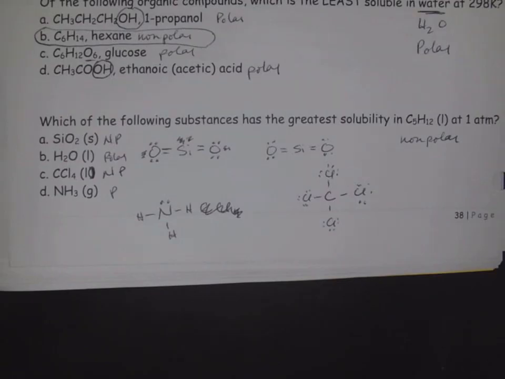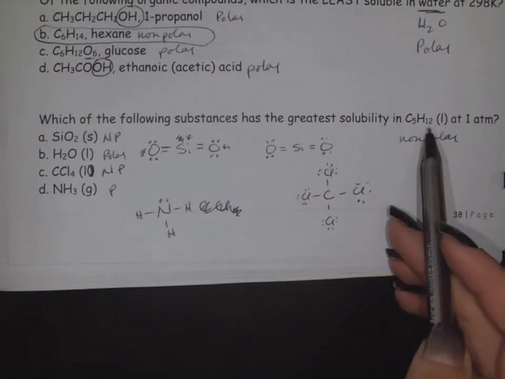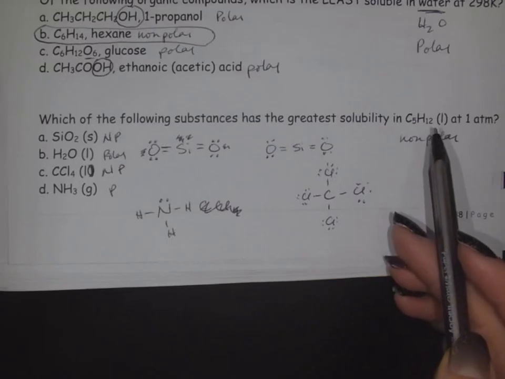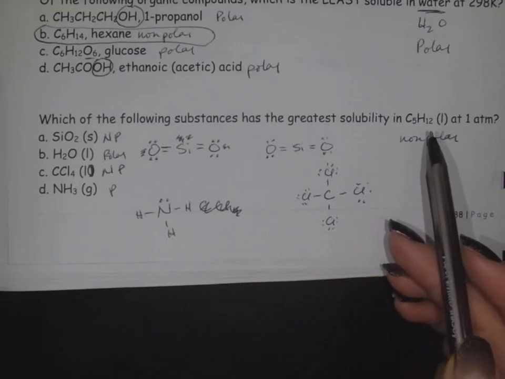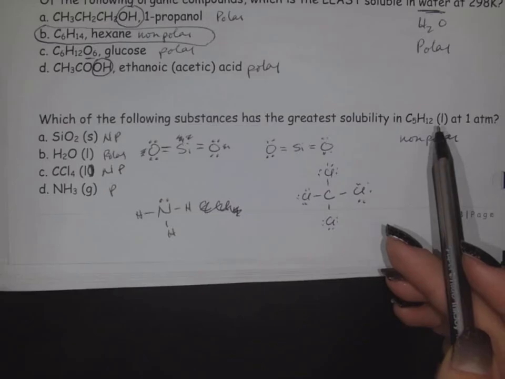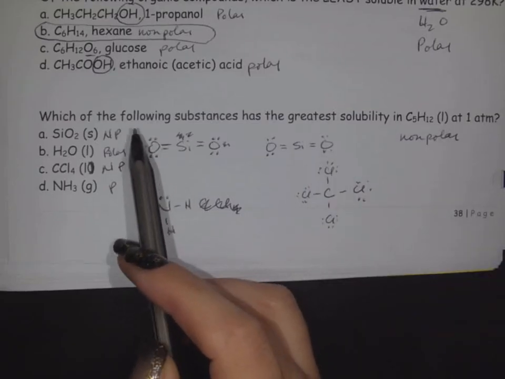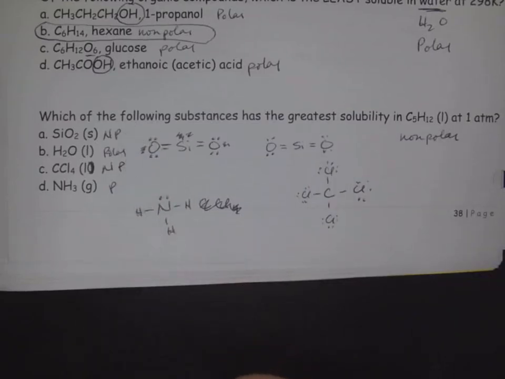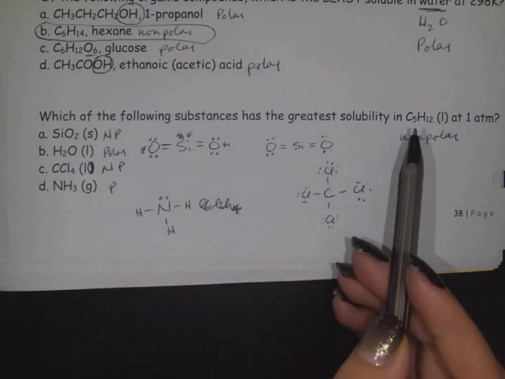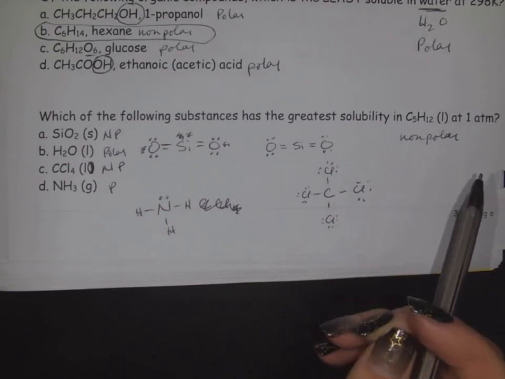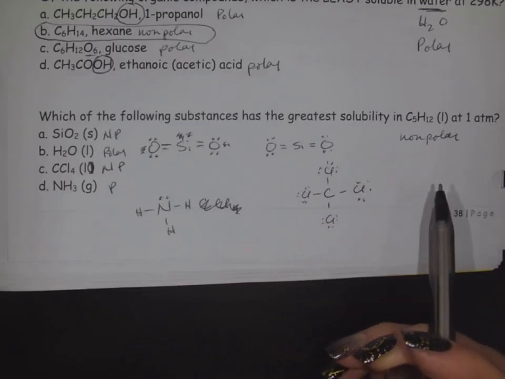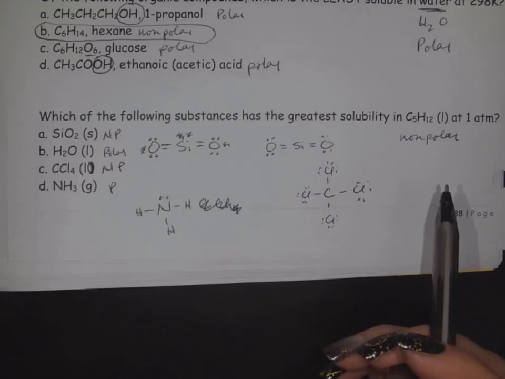And I just want to show you, C5H12 is a rather large molecule. And so its London dispersions are strong. And so we're looking for, if we have 2 that are nonpolar, let's go with the larger one because its London dispersions are going to be strong, just like the C5H12. Okay? So silicon and carbon are somewhat similar. Oxygen, chlorine.